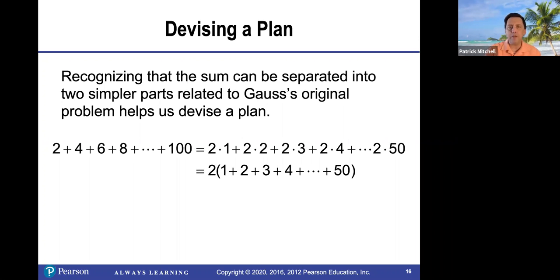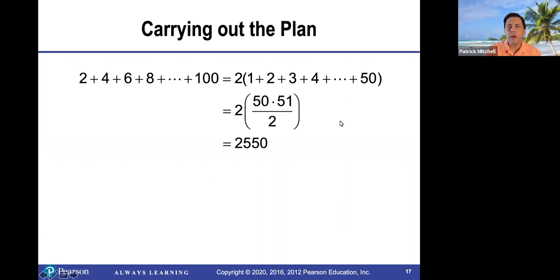And then you can use the formula that we just learned. So the sum of the first 50 natural numbers using that formula is 50 times 51 divided by 2. And you should double check, get out your calculator and double check that 2 times 50 times 51 divided by 2 works out to 2,550.